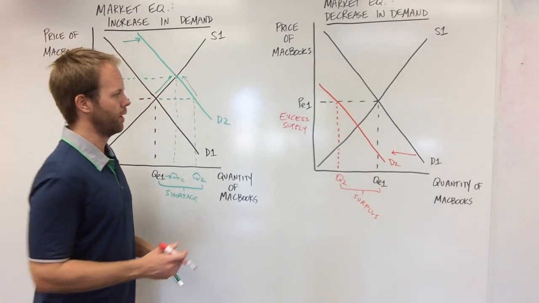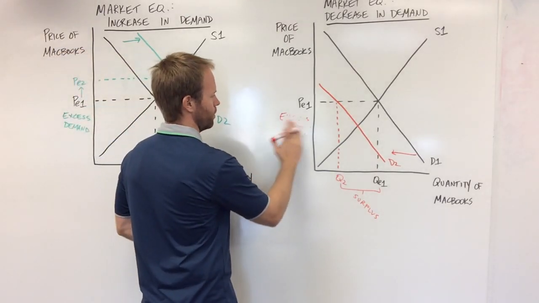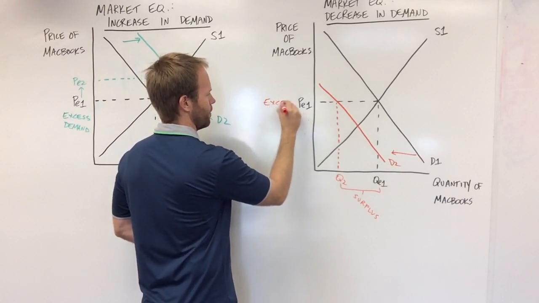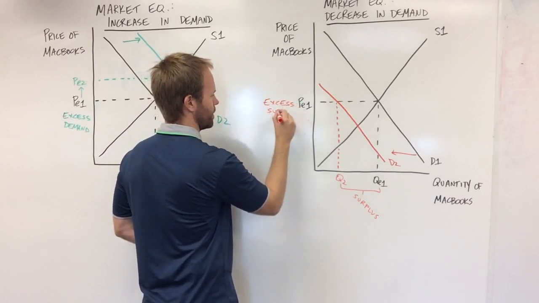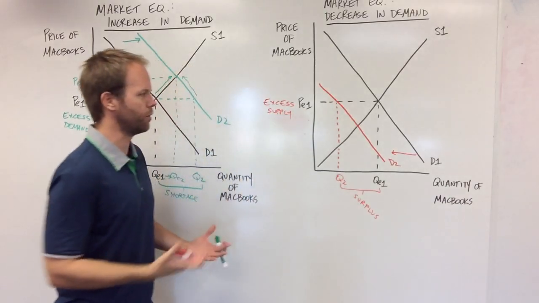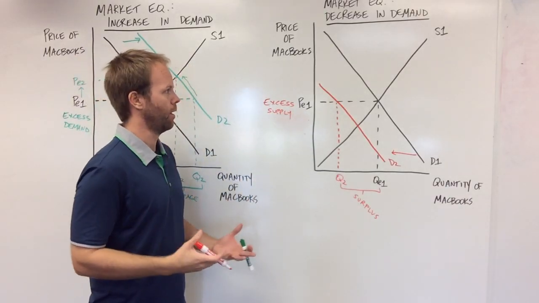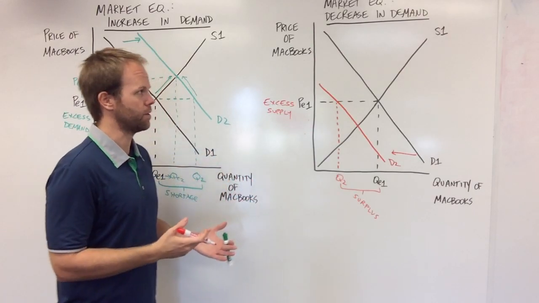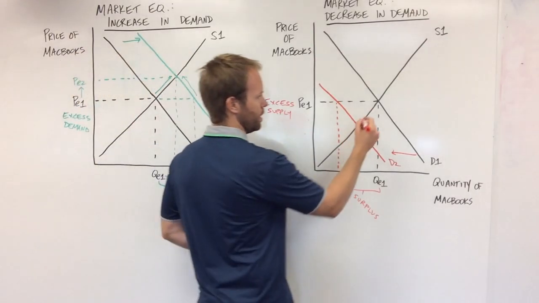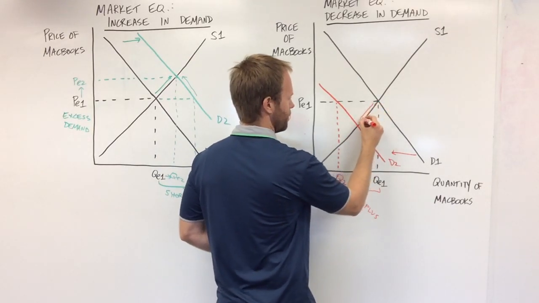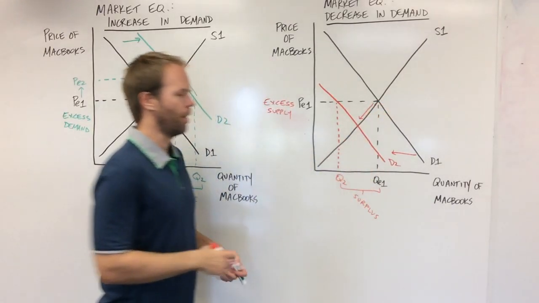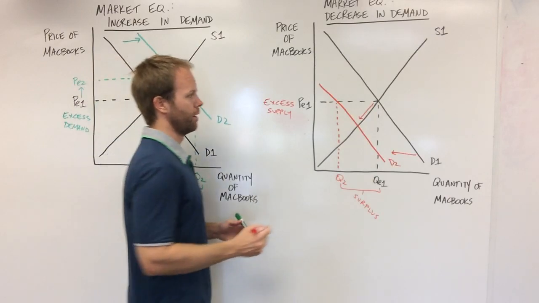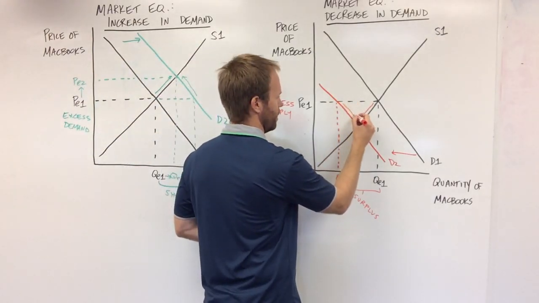Okay, so again, what will they do? Right, at this price here, we have the problem of excess supply, or we have unsold MacBooks just sitting around. Eventually, Apple will realize they need to lower their prices, and when they do that, that will decrease the quantity supplied, and that will simultaneously increase the quantity demanded because of the law of demand and the law of supply.